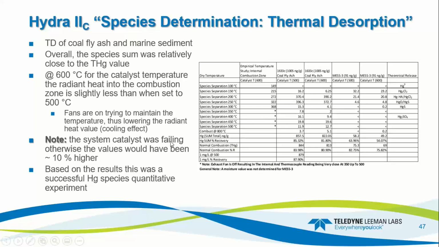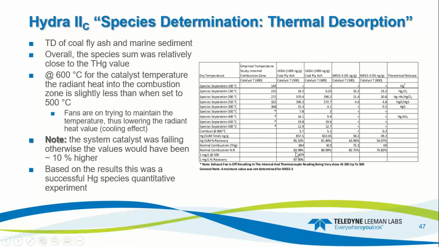I must note here that the system had a failing catalyst. I realized it once my analysis had started, and then I'm like, well, I'm just kicking the tires now, so I'm just going to keep going and see what happens. Otherwise, these values would have been elevated by probably about 10%. And I previously displayed values for the 1633 that was 102 or 103% of the actual value.